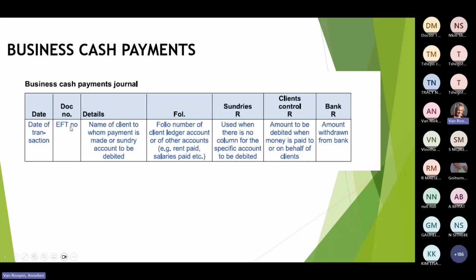The EFT number. You made an EFT payment for your telecom account or your Cell C, or you paid for stationery or whatever. If you have an EFT number, the client name that you paid, Checkers, or you paid, let's say, rent association for your monthly rental.